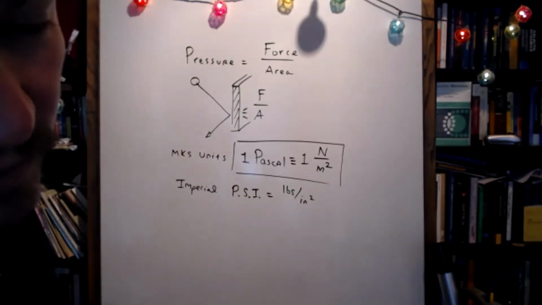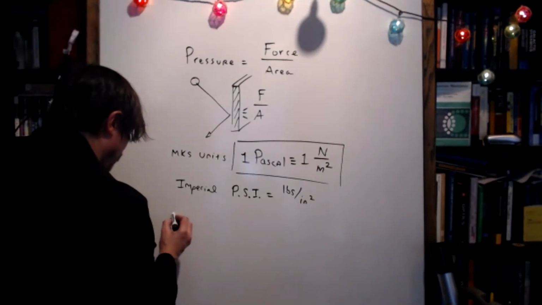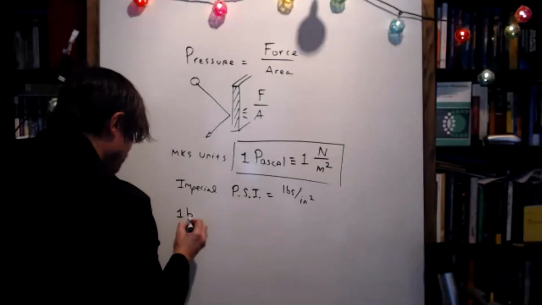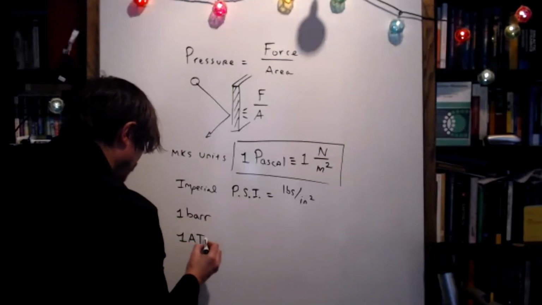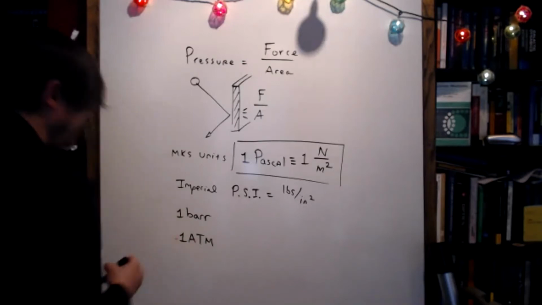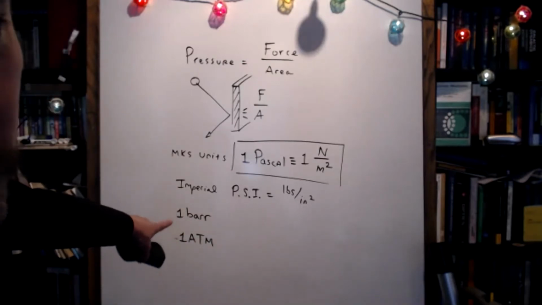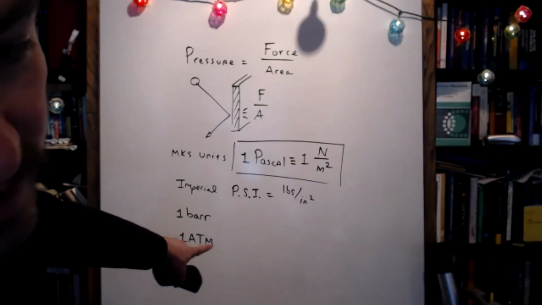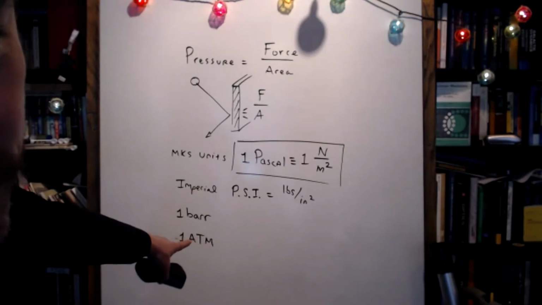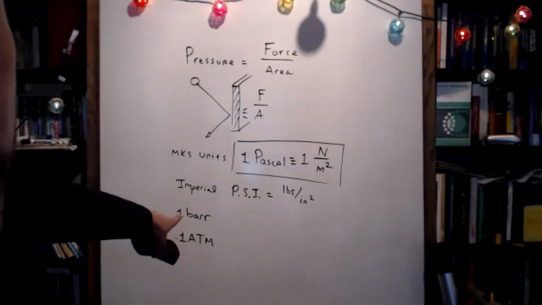There's a couple others that I would like to tell you about. They are the bar and they are the atmosphere. People sometimes use these interchangeably because they're almost the exact same. Planetary scientists like to work in atmospheres, where the Earth's pressure at sea level is the reference. Meteorologists like to work in bars.